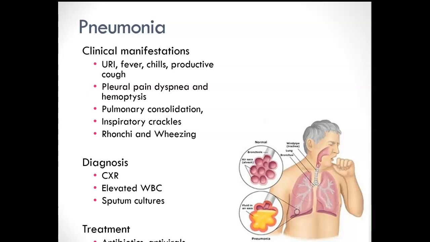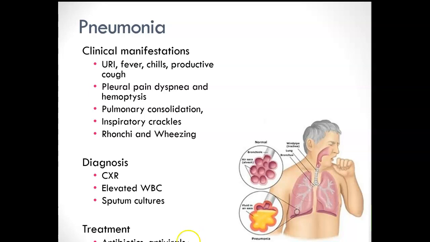And then the diagnosis is made by chest x-ray. You could do a CBC and look for elevated white blood cells. You could do sputum cultures to see what kind of junk is being coughed up, because the stuff that's in these little sacs with a good cough will come out, and then we can actually culture their sputum.